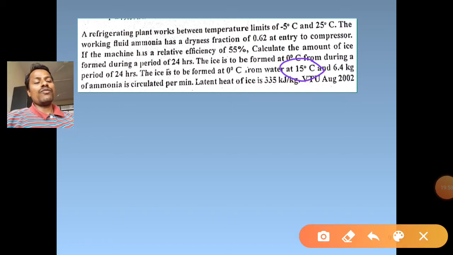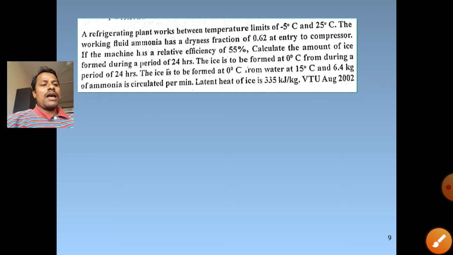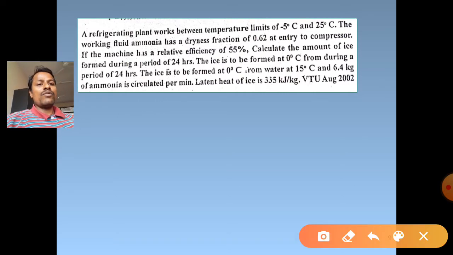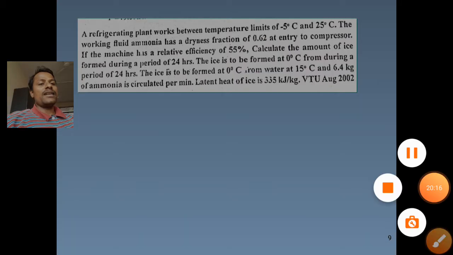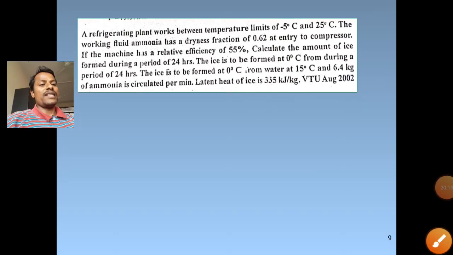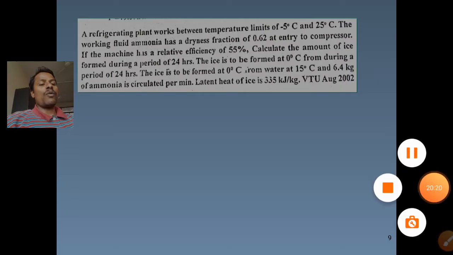The water used for manufacturing the ice is at 15 degrees Celsius temperature, and 6.4 kg is circulated per minute. See, ice per minute, and latent heat of ice is 335 kilojoule per kg. So this is one of the VTU problems.